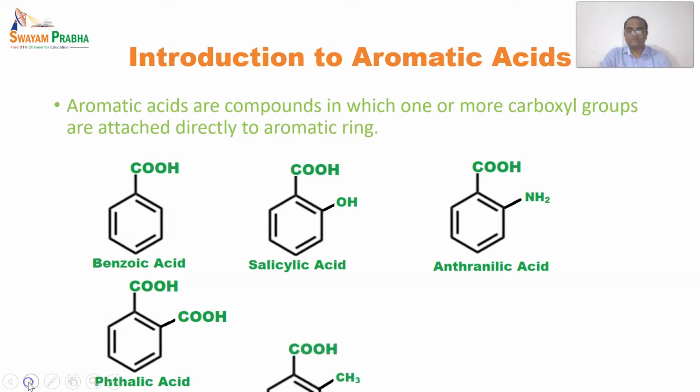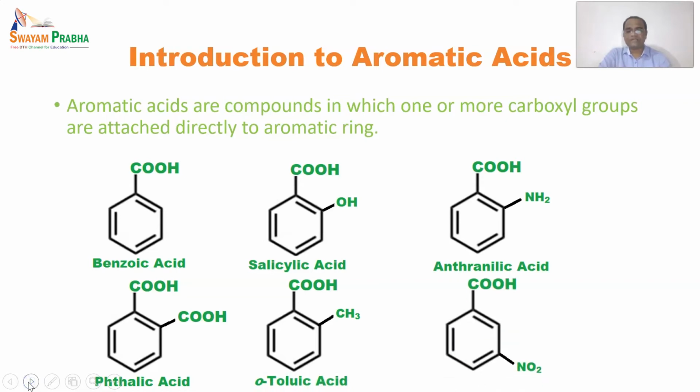It is also a pharmaceutically important compound. After that, ortho-toluic acid and m-nitrobenzoic acid. Ortho because it is at the ortho position, and m because the nitro group is at the meta position. So these are some representative examples of aromatic acids.